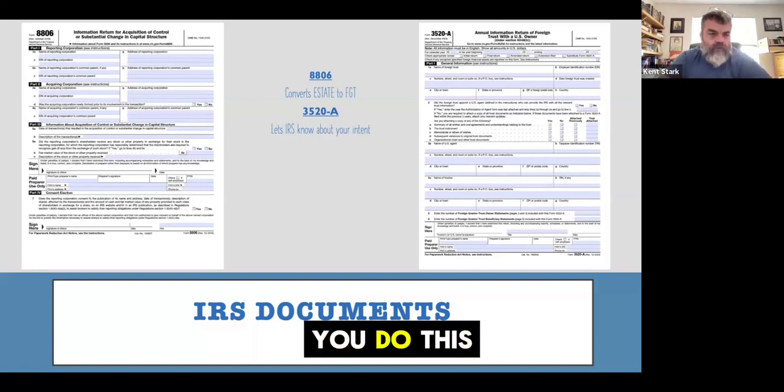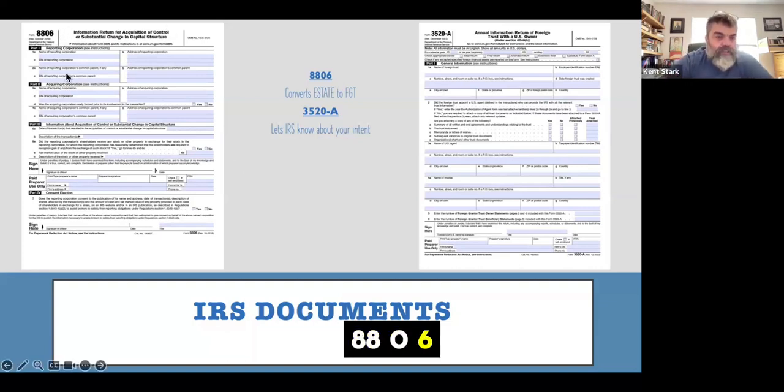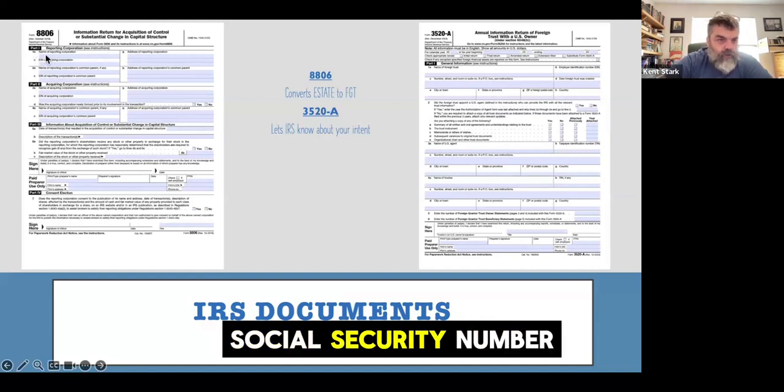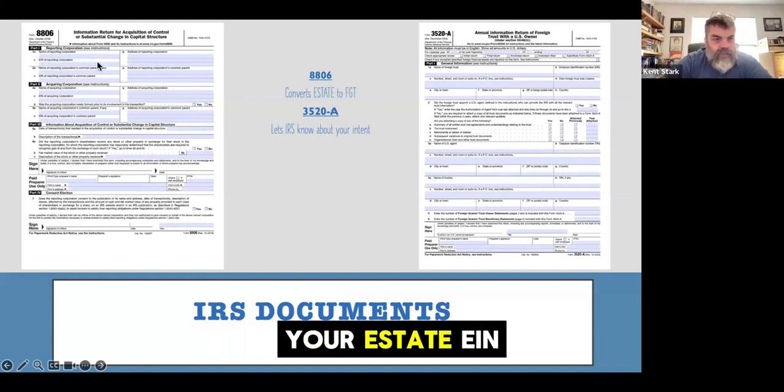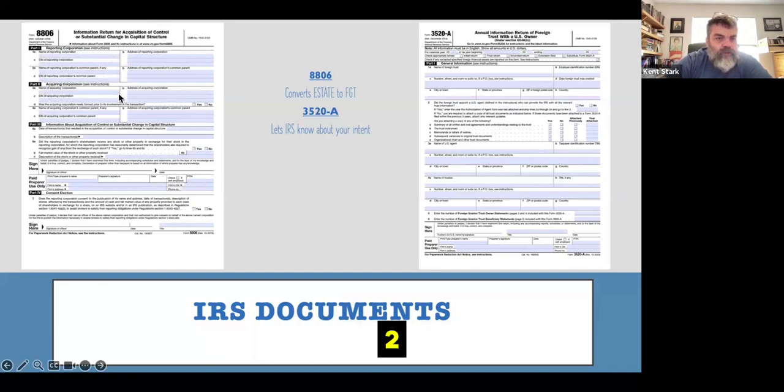One of the ways you do this is with an 8806. Over here you would put your social security number or your estate EIN, if you've done that far, as the entity it's going from. And then in part two, you would put the foreign grantor trust.